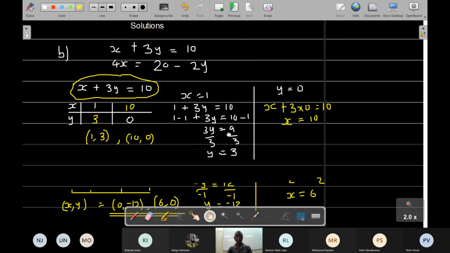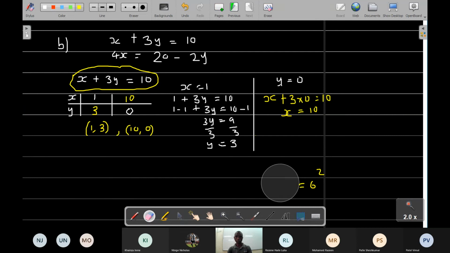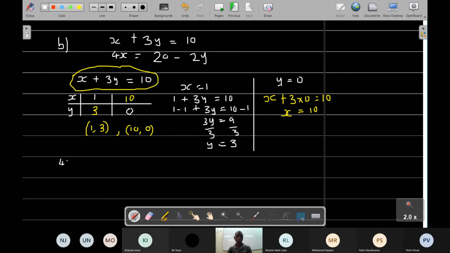Then the second line which we have there is 4x equals 20 minus 2y.